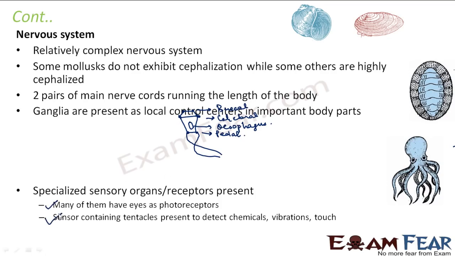So these are some of the specialized sensory organs present in the mollusks. Mouth has a file-like rasping organ for feeding which is called radula. This is a special organ present only in the mollusks that is used for feeding. In order to catch prey, they need some organ which helps in catching prey. That organ is nothing but radula.